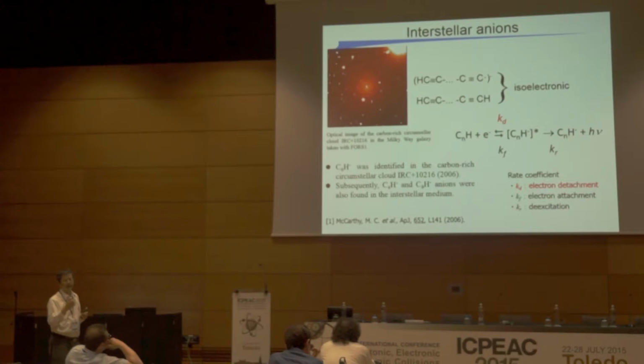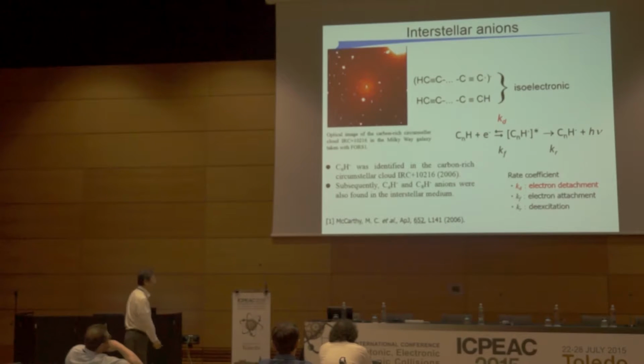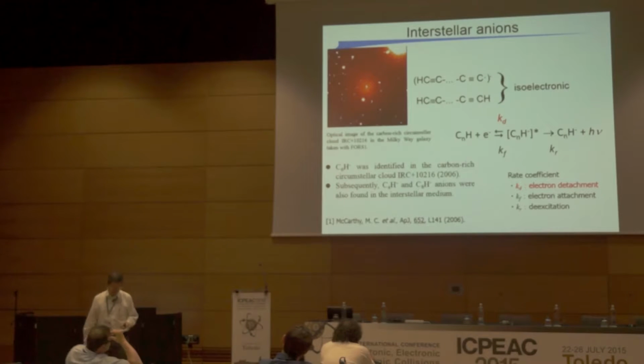So to get stable anions, there's a competition between radiative cooling and detachment. The radiative cooling process is a very important issue for industrial chemistry.